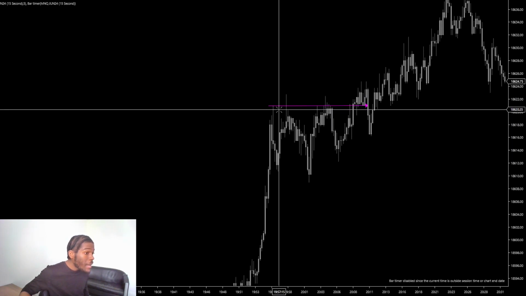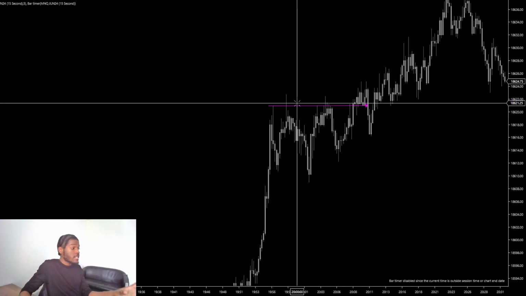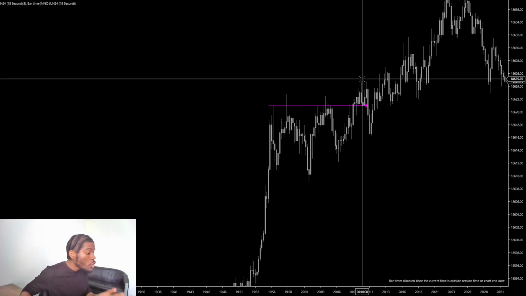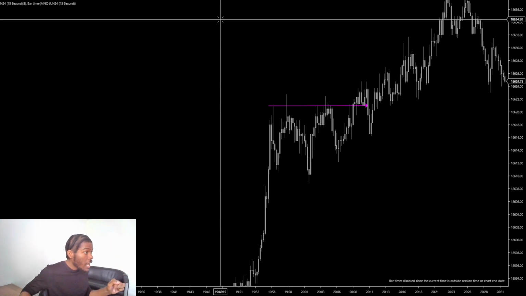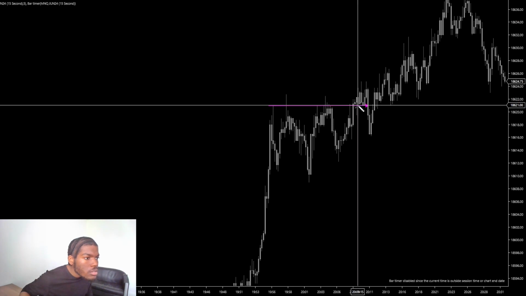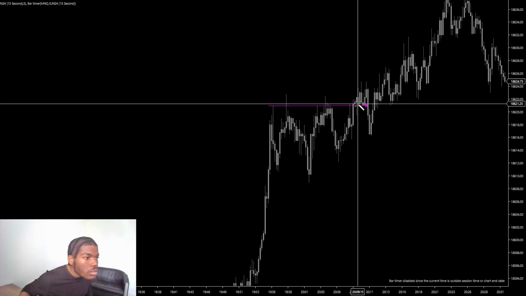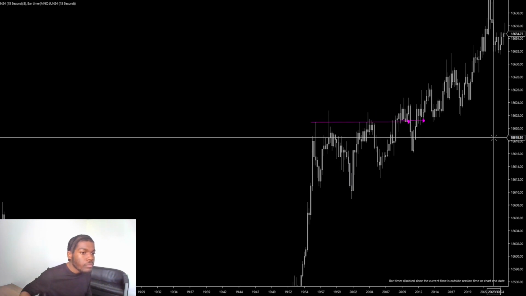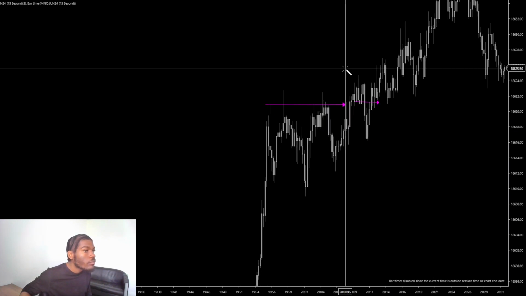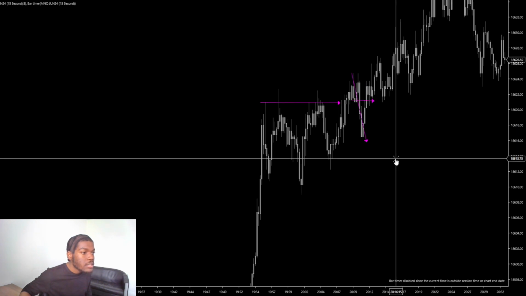A pullback is valid in a cycle of higher highs and higher lows after a closure above a structural high and a closure below the last up candle. So where is the last up candle? It's right here. That is your pullback.